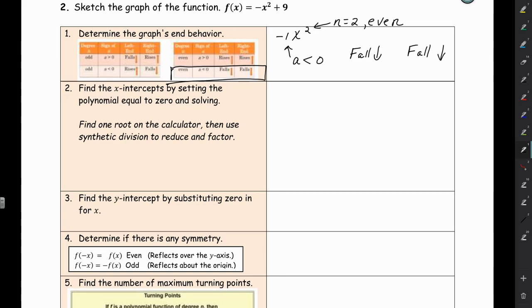The next thing is finding the x-intercepts by setting the polynomial equal to 0 and solving. Now in this case, we only have 2 terms in our polynomial, so I don't really feel the need to go ahead and try to look at the graph ahead. I'm just going to set this equal to 0 and solve it.